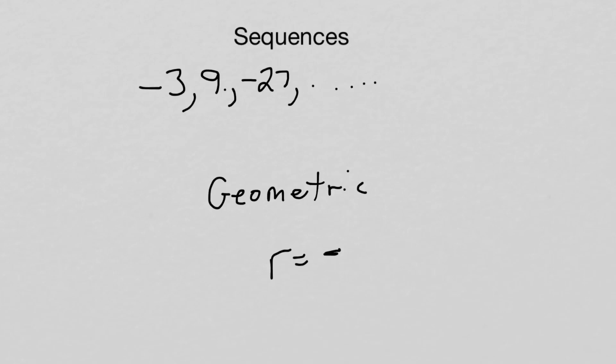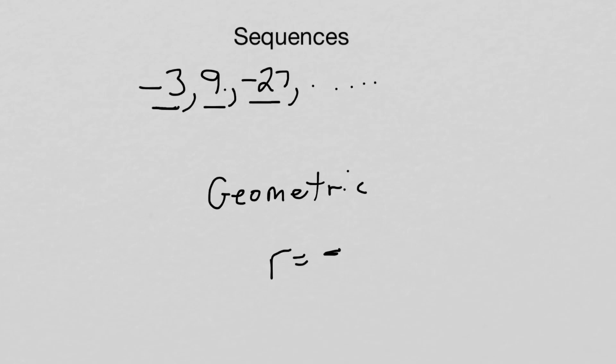All right, let's look at this one. What do we have to multiply negative 3 by to make it 9? And the answer is going to be negative 3. Negative 3 times negative 3 gives us positive 9. Let's see if it works again. 9 times negative 3 is going to give us negative 27.